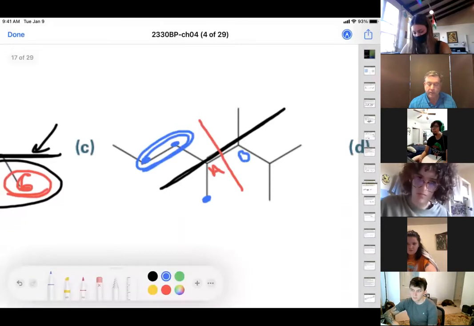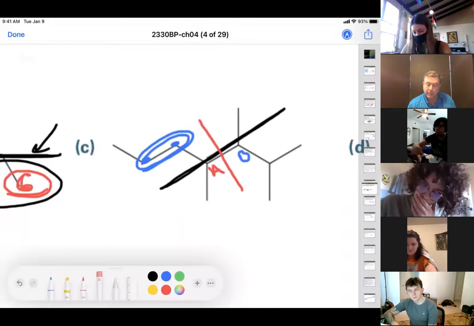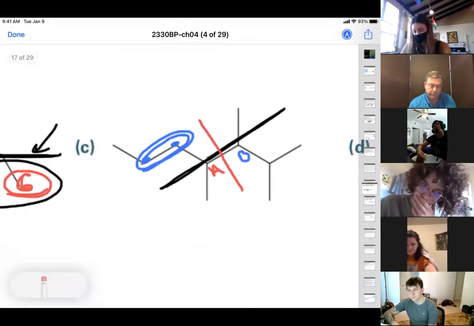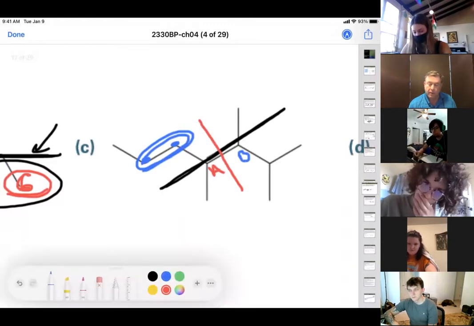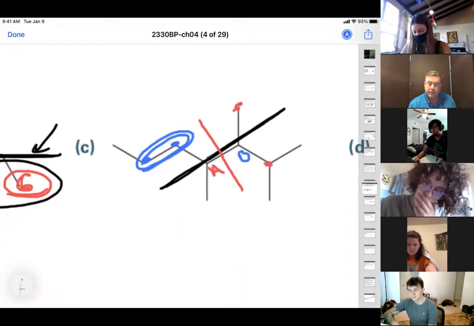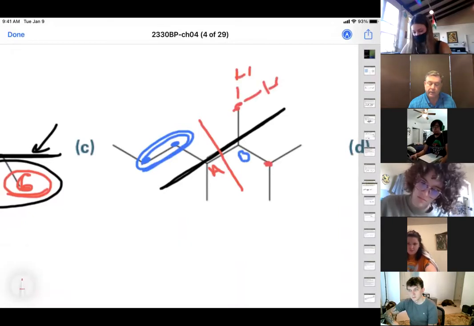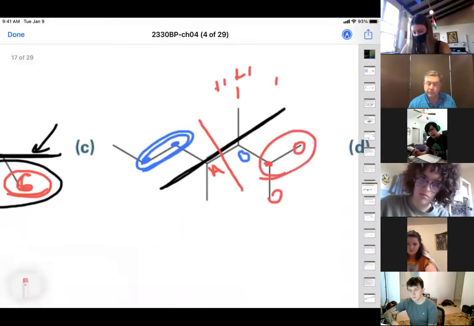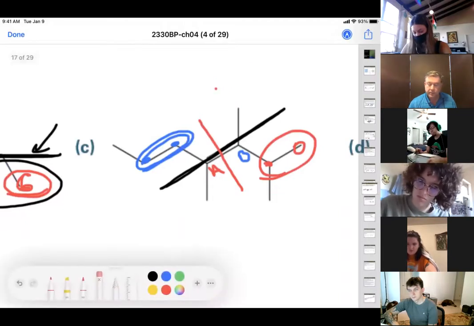Okay, so now let's look at the other side, our B side. Our B side has a carbon and a carbon, and then this only has 3 hydrogens on it. This has 2 carbons on it, making this the higher priority side of our system. And now let's look at our axis.